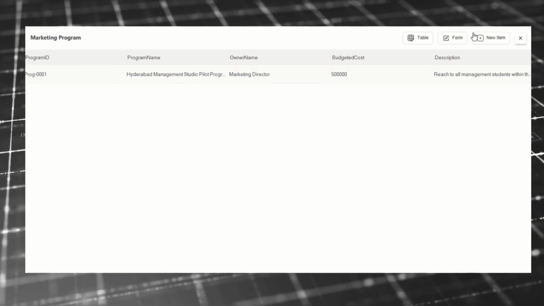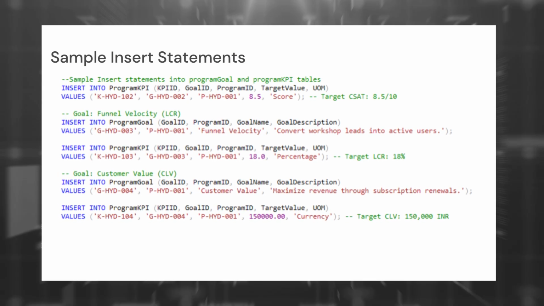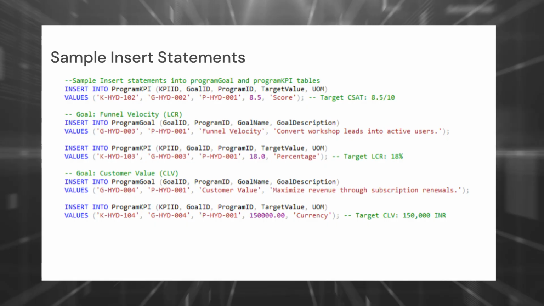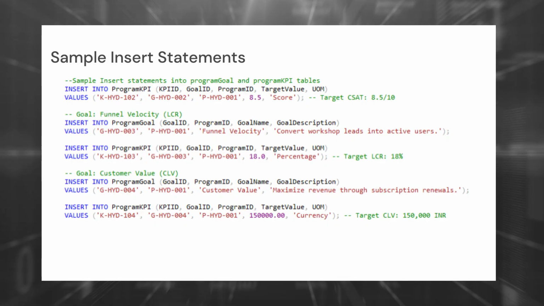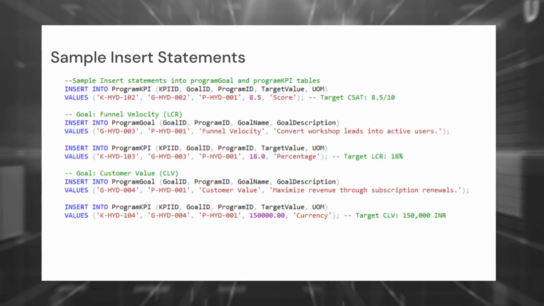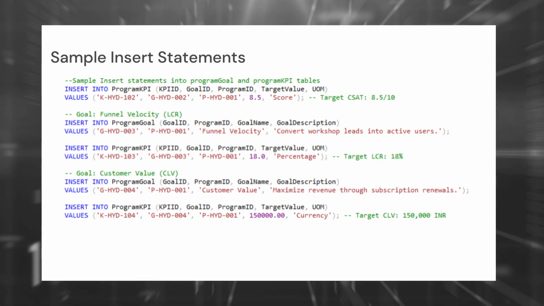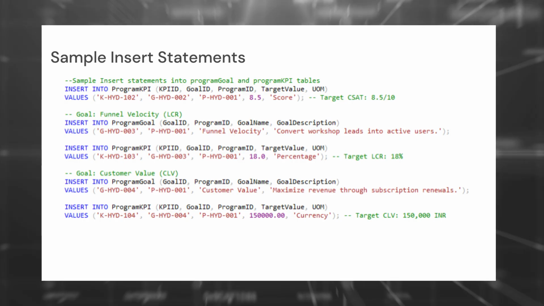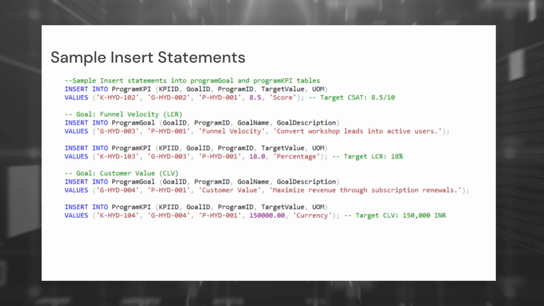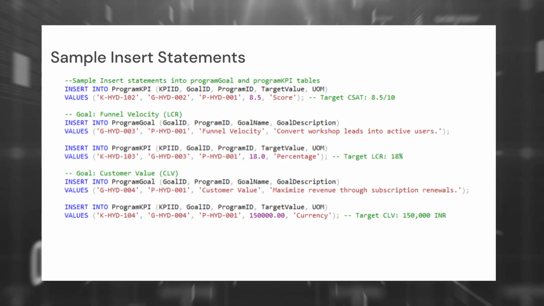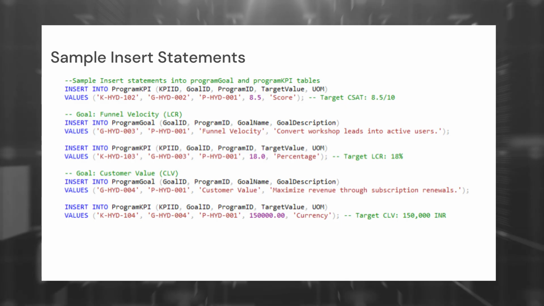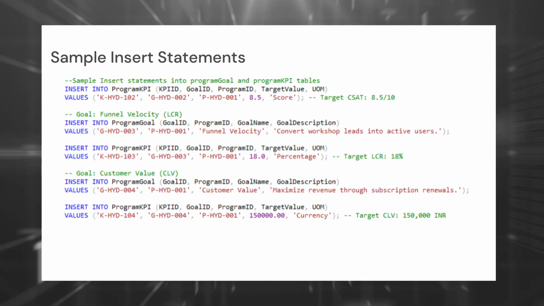Let's dig deeper into the application a little more. Underneath that slick UI, this is the exact SQL being executed, as visible on the screen. Here's the entry for our Hyderabad Management Student Pilot Program in the program table. Notice the budgeted cost of 500,000 Indian rupees. And here, we define its goals including acquisition efficiency, funnel velocity, and customer value.